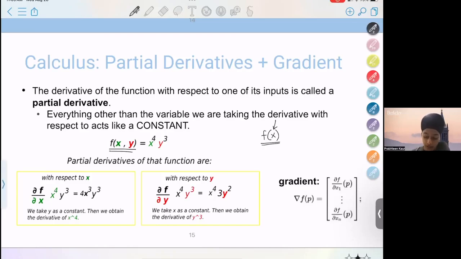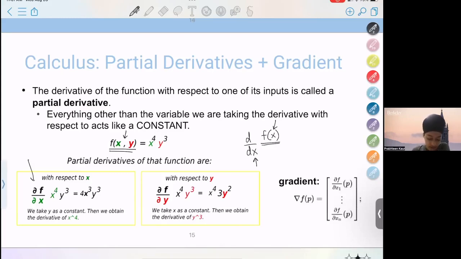In order to take the partial derivative, it's the same as a regular derivative, except for whatever you're taking the derivative with respect to. Normally when we take the derivative of this f of x, we take the derivative with respect to x. Now for this multivariate function, we have the option to take the derivative with respect to x or with respect to y.